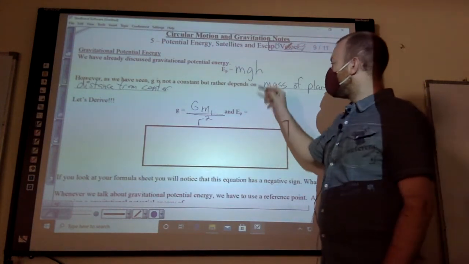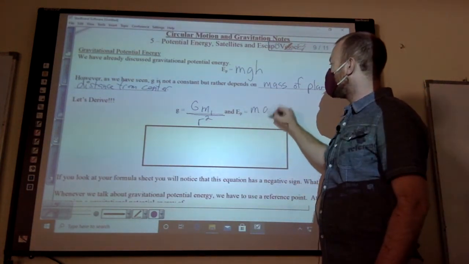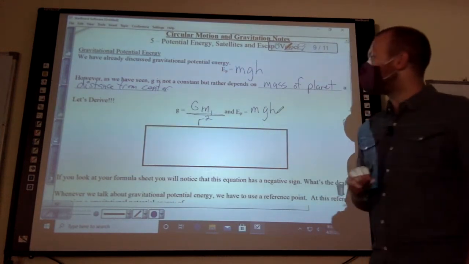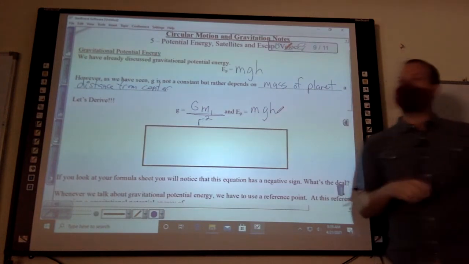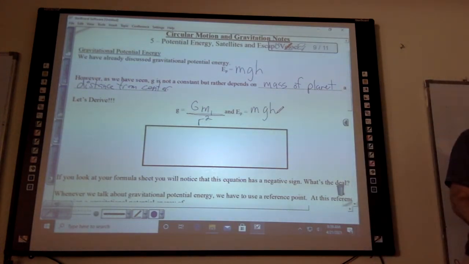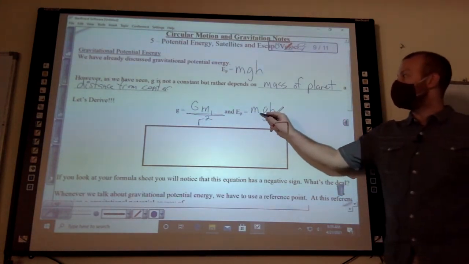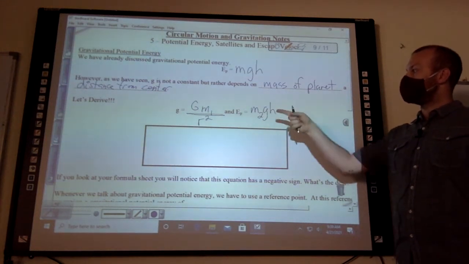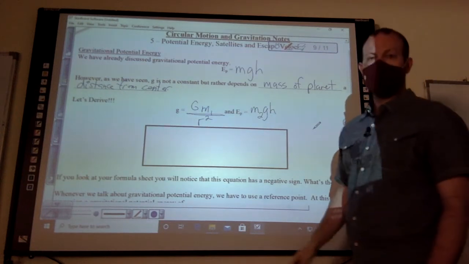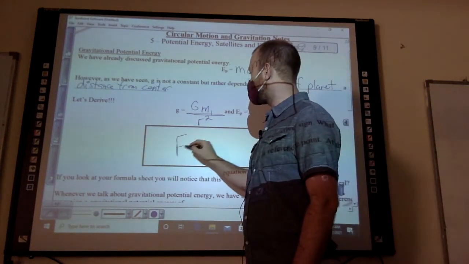And since this one is mgh, now we need to think, what mass am I dealing with here? Is it the mass of the planet, or is it the mass of whatever satellite we're dealing with? Satellite. So this would be mass 2. So plugging these two equations together, we're going to get this.